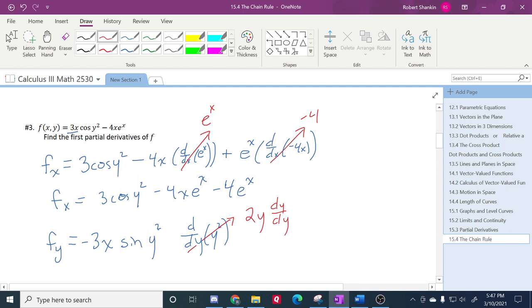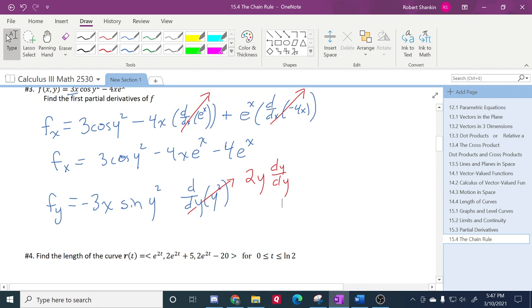And so this turns out to be Fy is this 2 and this 3 combined, minus 6 x y. This is just 1, and then sine of y squared.